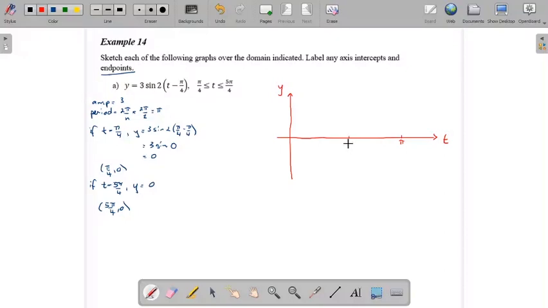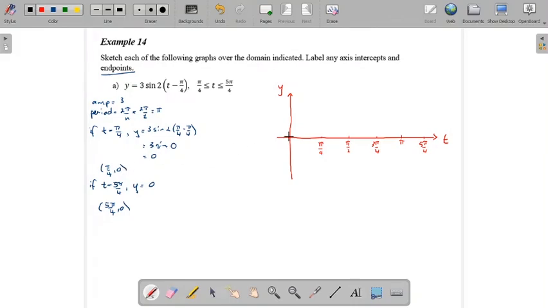So we've got pi on 2 here, and this will be halfway between that, so that's pi on 4, and we've got this point here, which is 3 pi on 4, and we're going to be graphing to 5 pi on 4, so we're going to go the same distance again. So again, make sure you're careful with your scaling. So that's 5 pi on 4.